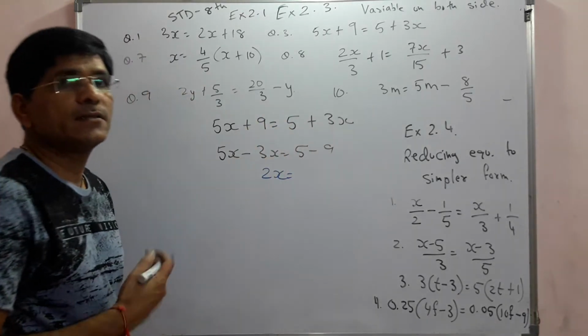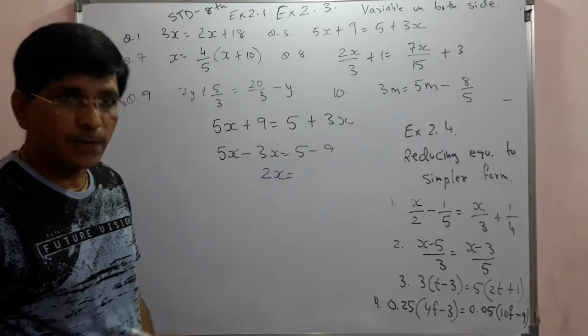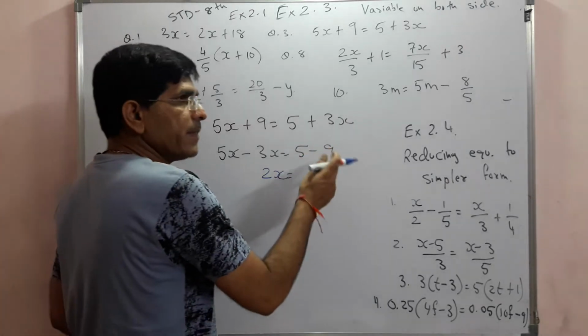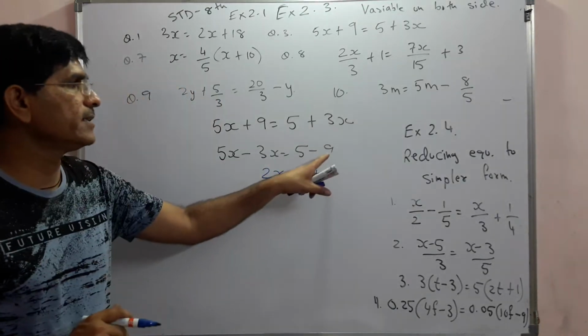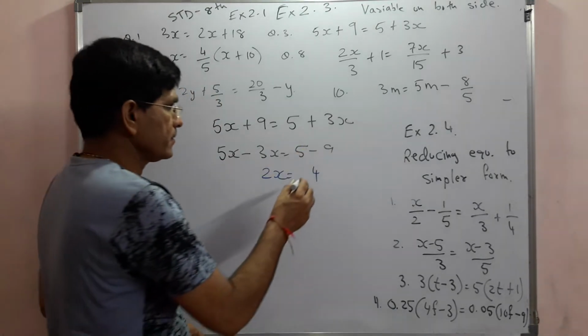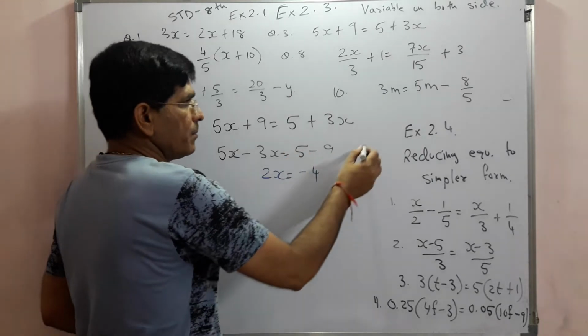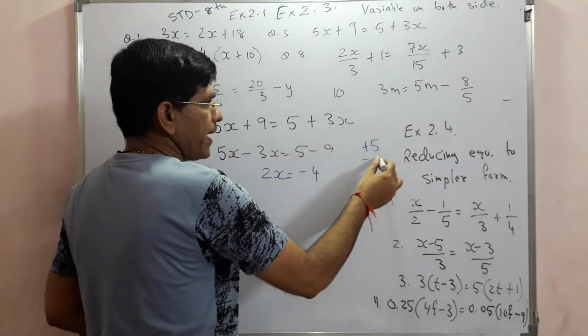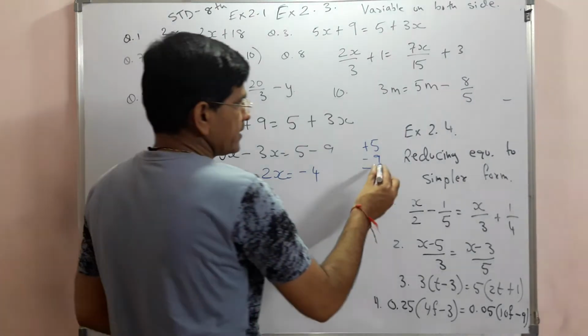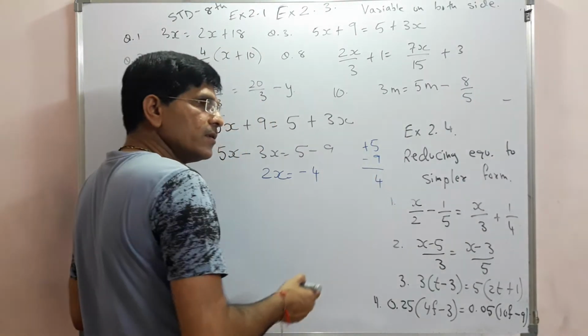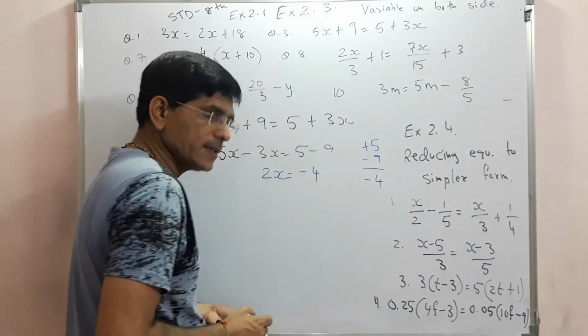Again, 5 minus 9 is 4, but 9 is bigger, so I have to write minus. Difference of signs always means subtraction, so 9 minus 5 is 4, and the sign of the bigger term is minus.